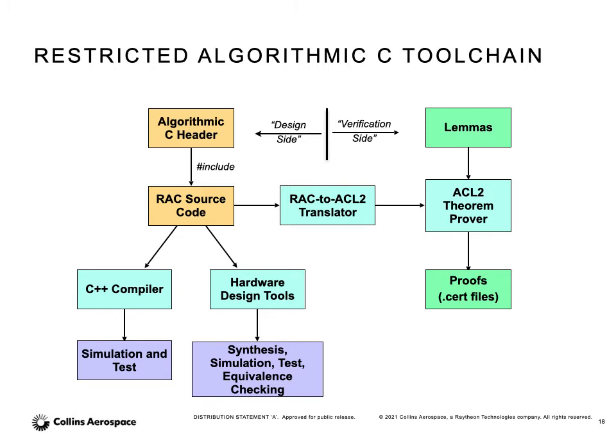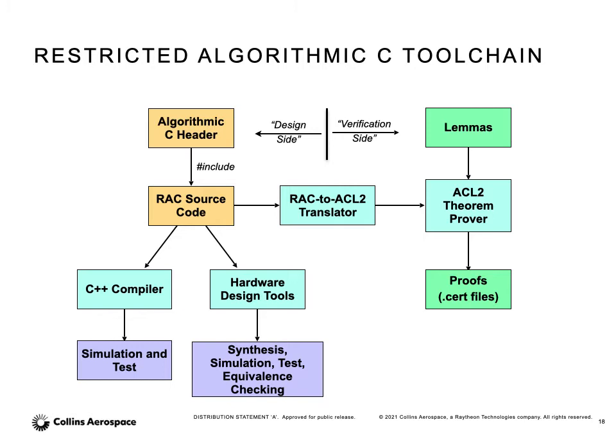Schematically, the Restricted Algorithmic C toolchain looks as follows. The source code uses Algorithmic C headers to provide bit-accurate data types. The source can either be compiled by a C++ compiler, which can be used for pure software implementation or for simulation and test of a hardware-based implementation. Or it can be subjected to hardware design tools for synthesis, simulation, test, equivalence checking, and so on.